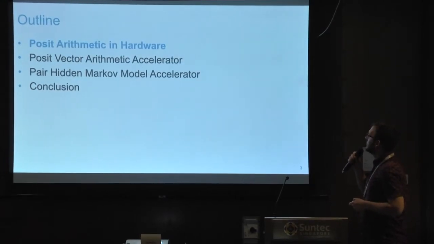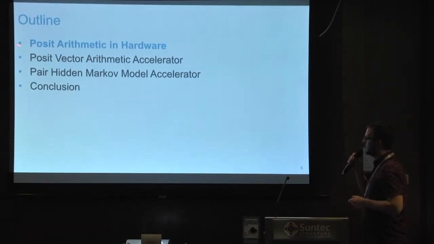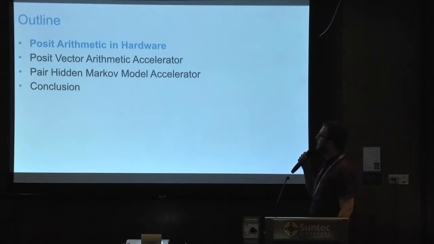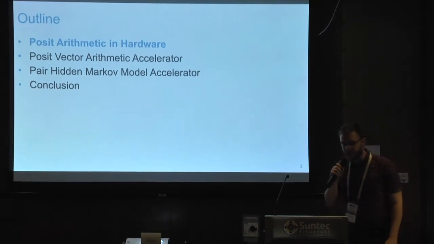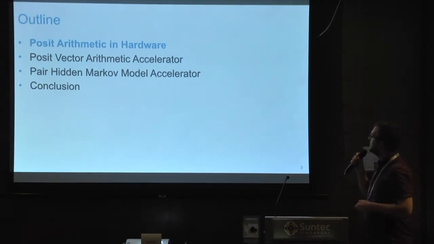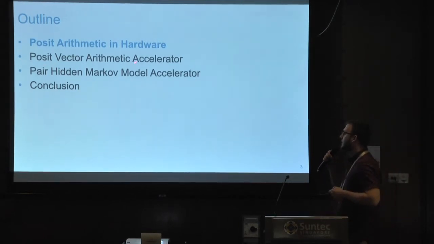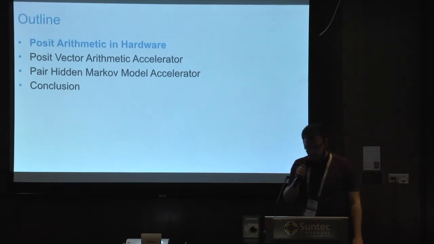So the outline for this talk is we'll take a look at an implementation of Posit arithmetic in hardware. We're also using the quire register that is in the specification. Then we'll move on to use that Posit arithmetic in two applications. One is a Posit vector arithmetic accelerator, and another is a pair hidden Markov model accelerator that we had lying around.